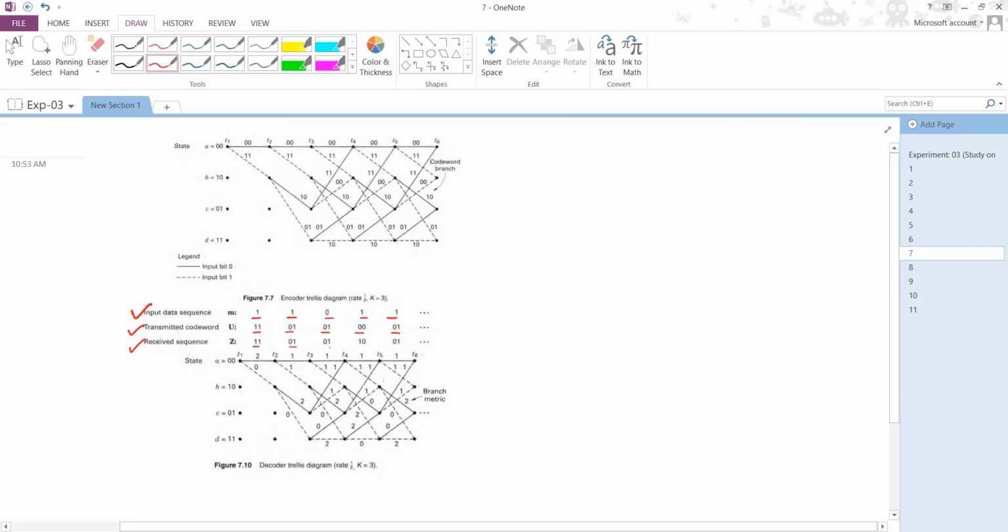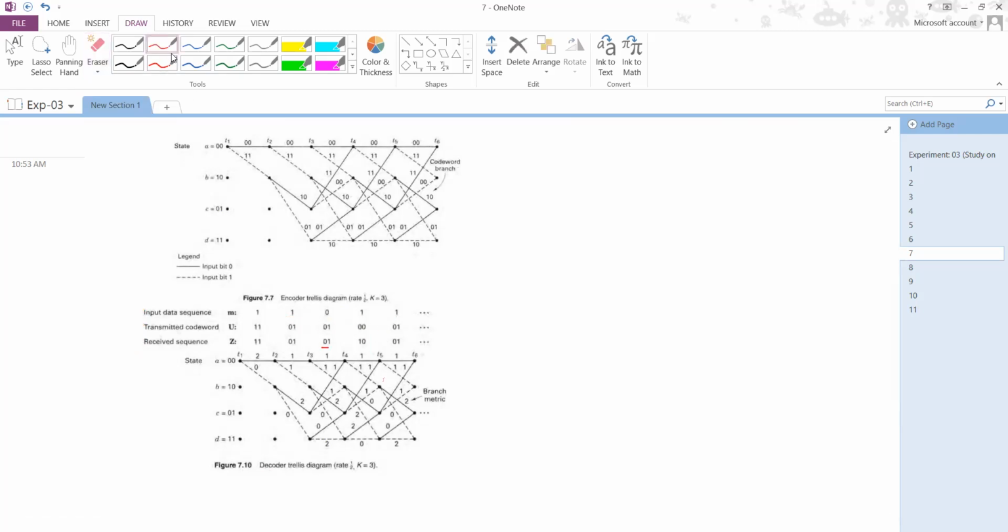And you can see that there is one mistake at the output. That means 100 becomes 10 at the receive sequence. And this is the error sequence that we are talking about. So how to decode this? At this point we have an error message. Here we are going to see how to decode it using the trellis diagram.